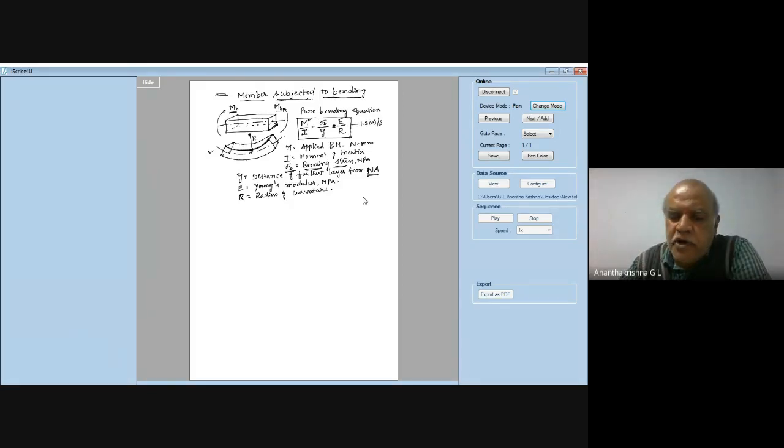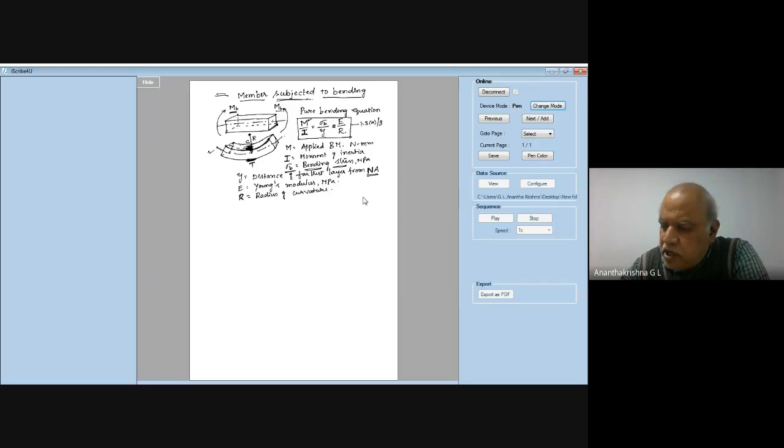Okay, I'll tell you. Please listen. When the member gets bent like this, the top layer is subjected to compression and the bottom layer is subjected to tension.